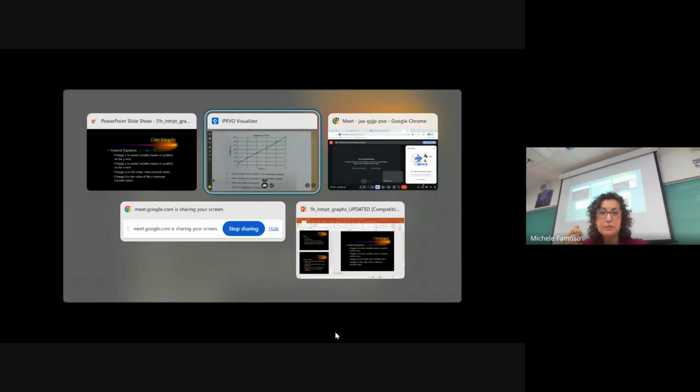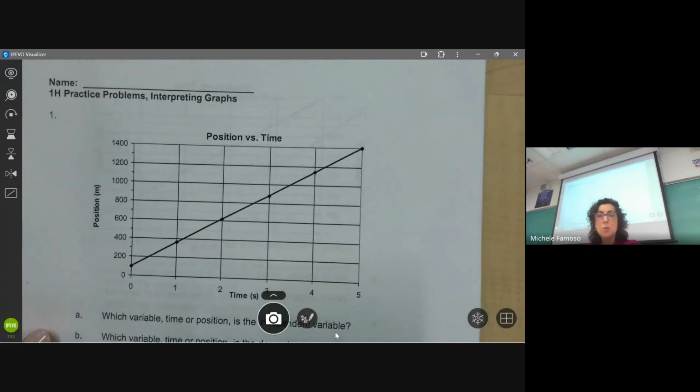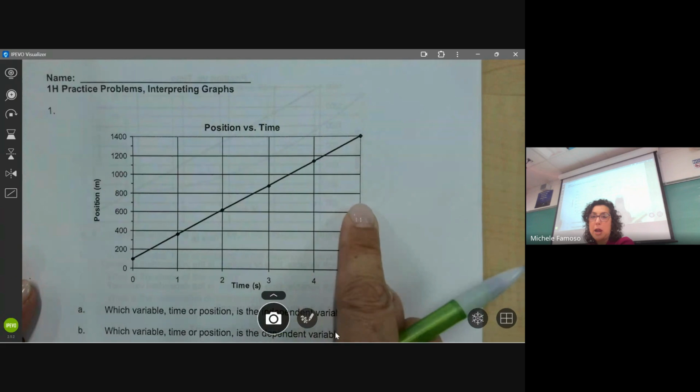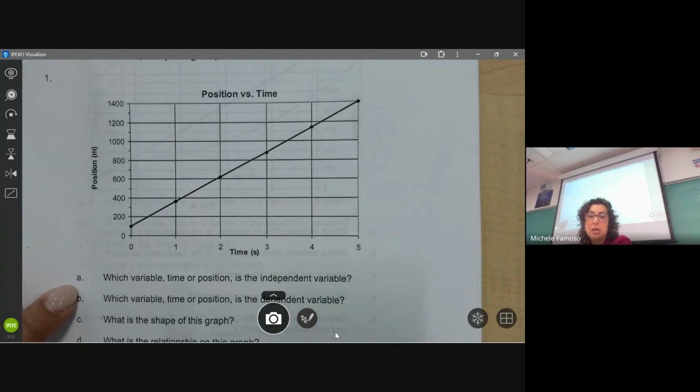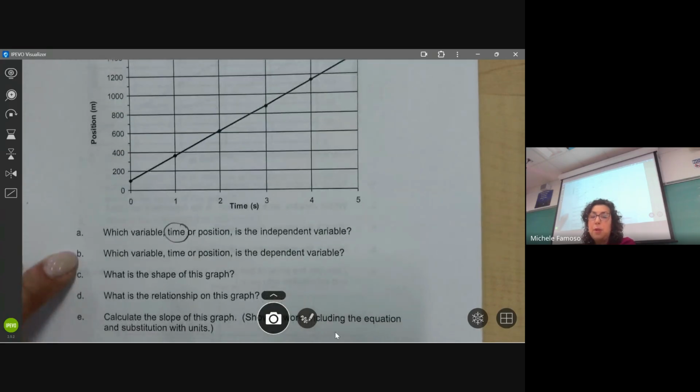Okay. All right. So number 1 on page 17 gives us this graph of position versus time. So the first question is, which variable is the independent variable? We learned this the other day. Independent variable is the x or the y? X. So that means it is time. Which variable is the dependent one then?